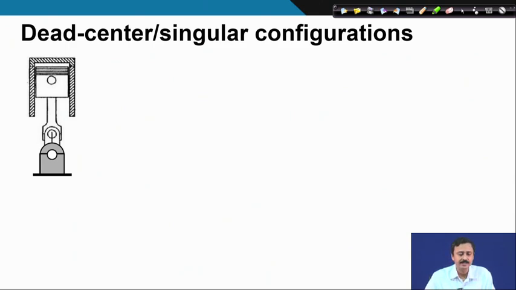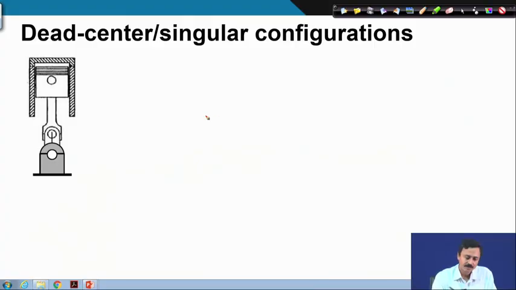Now, what is this dead center configuration? At this configuration, one of the links is immobile. You may think that therefore the mechanism has lost its degree of freedom, but actually it does not.